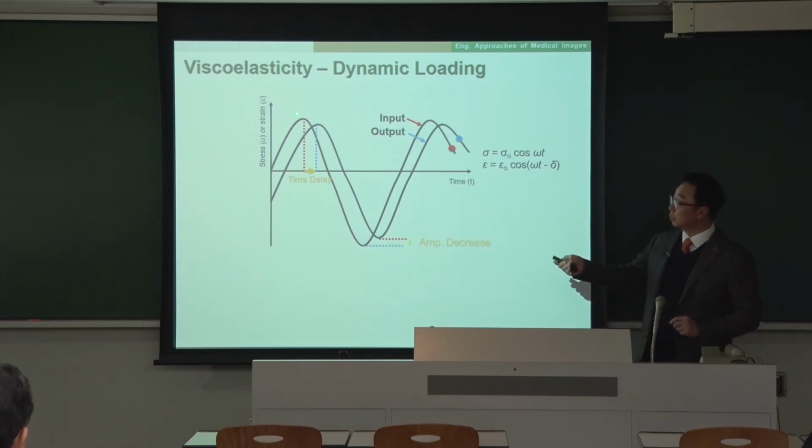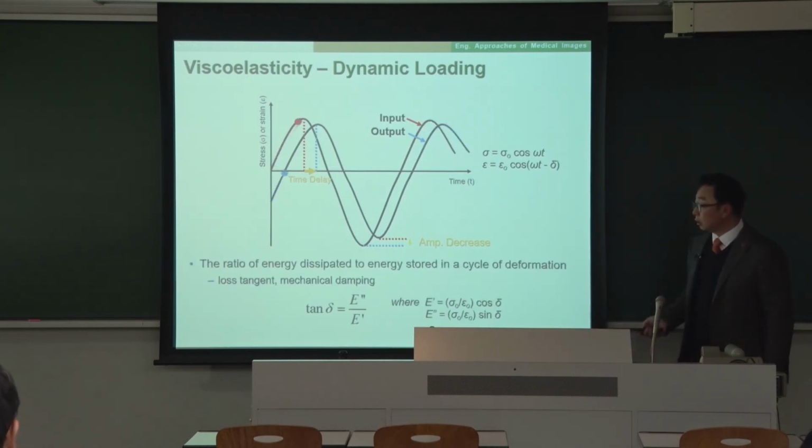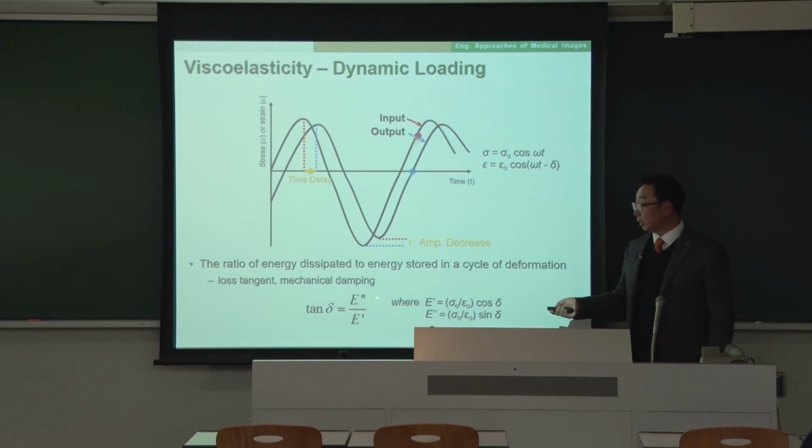You see that between the input and output there's a time delay, which is a phase delay represented by delta, and also an amplitude decrease, which is the energy absorption happening. Tangent delta is defined by the loss modulus over the storage modulus. So it's basically how much, and that's why we call it mechanical damping.